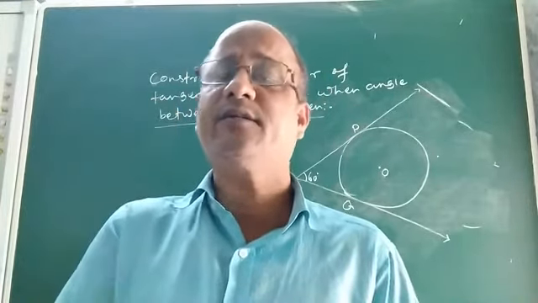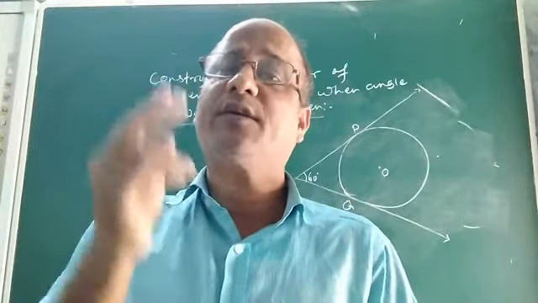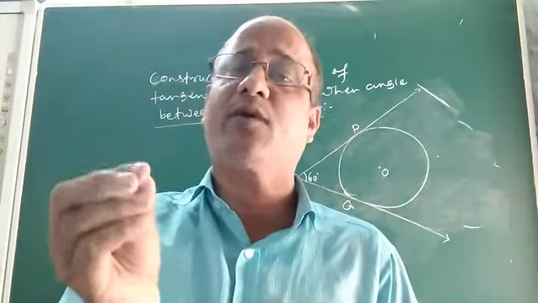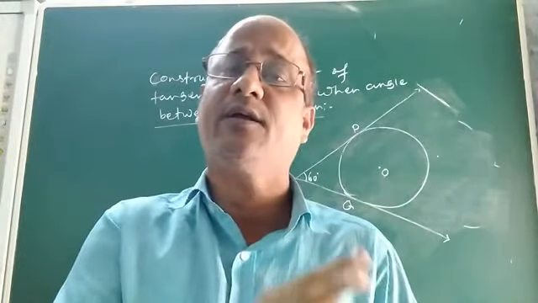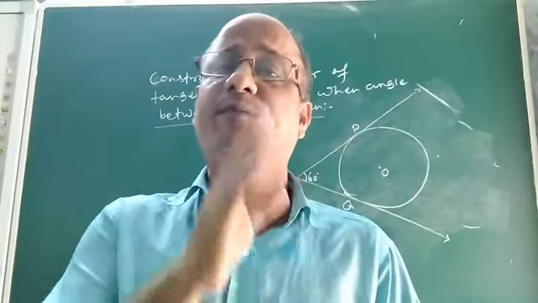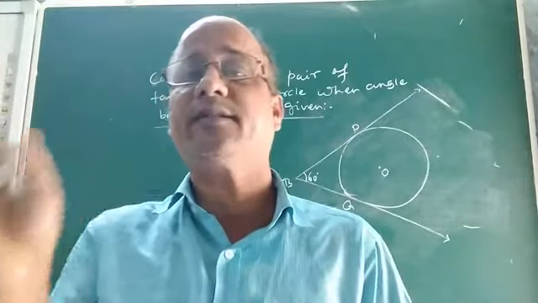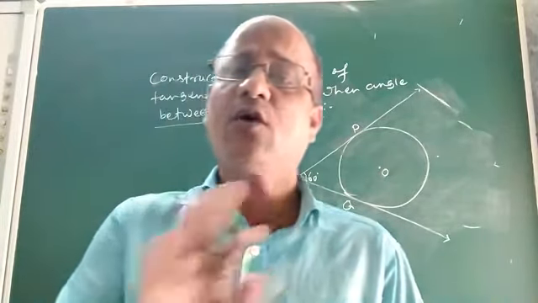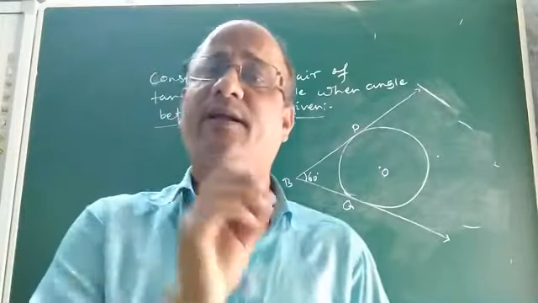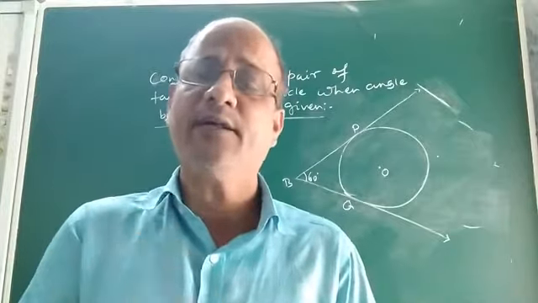And then we discussed how to construct a pair of tangents to a given circle from an external point. That means if you are given a circle and an external point, how can you construct a pair of tangents from the external point to the circle when the center is known and when the center is not known. So all the different cases of construction of tangents and construction of similar triangles with a given scale factor we have already discussed.